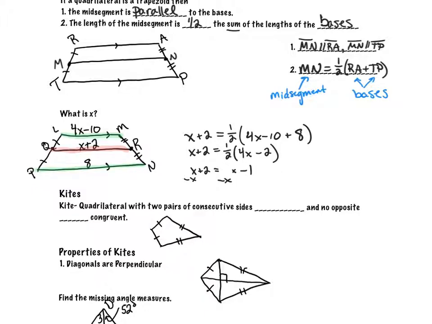This should be 2x, because 4 times 1/2 is 2. So x plus 2 equals 2x minus 1. Minus x, minus x: I have a 2 over here. 2 equals x minus 1. Add 1, add 1. X is equal to 3. Once you set up that equation, it's just a matter of solving it and getting your answer.